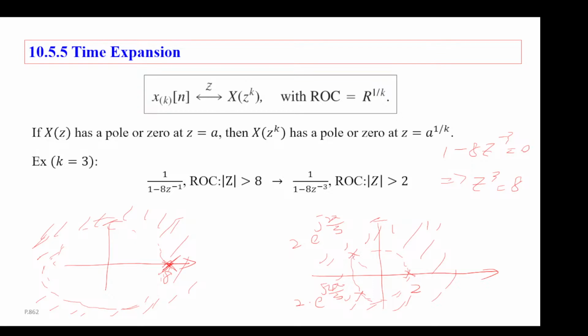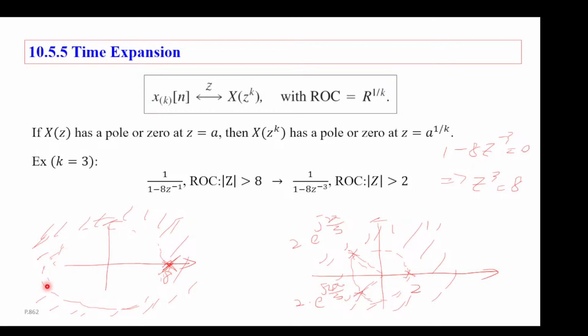What happens is your X of z got compressed by a factor of k. This whole circle is compressed to 1/3 of a circle and got copied twice here. So this is what happened.